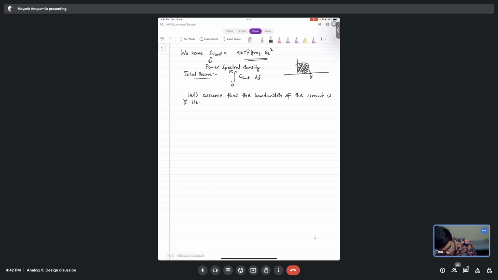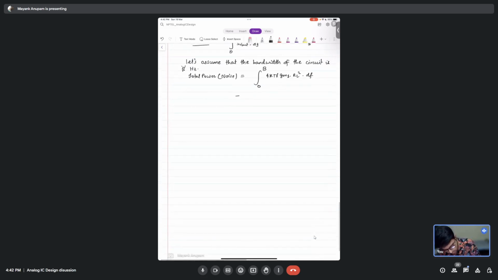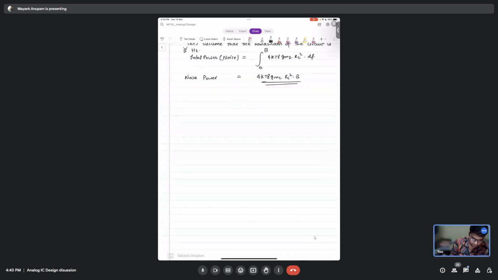In that case, the noise power is equal to the integral from 0 to B of 4kTγ gm1 times RL squared df, right? Yes. Correct. And this will be equal to 4kTγ gm1 times RL squared times B. So this is the total noise power, right? Yes. And what is signal power?